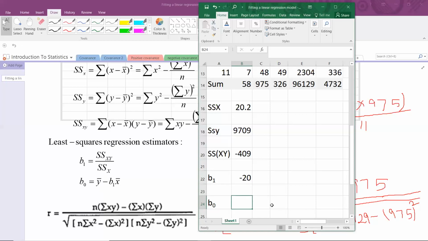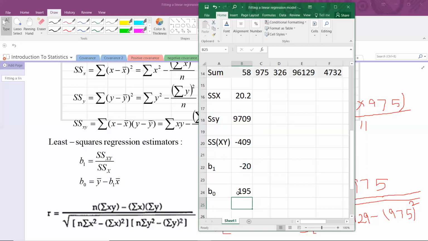Y bar is 975 divided by 11. This is y bar minus b1. The value of b1 is this. B1 multiplied by x bar, and the value of x bar is 58 divided by 11. This is the value of B naught. B naught and B1 both values are computed.